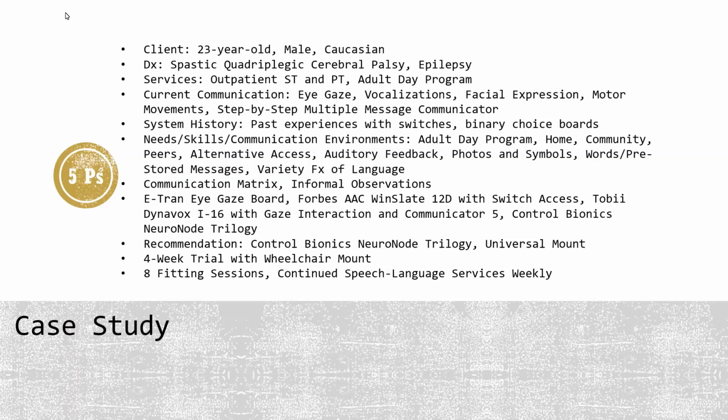And it was so exciting because this individual is 23 years old and had never been able to have consistent, successful access to his AAC system. So he's doing really well. He came back for fitting sessions with us and has continued doing speech language therapy services with us.